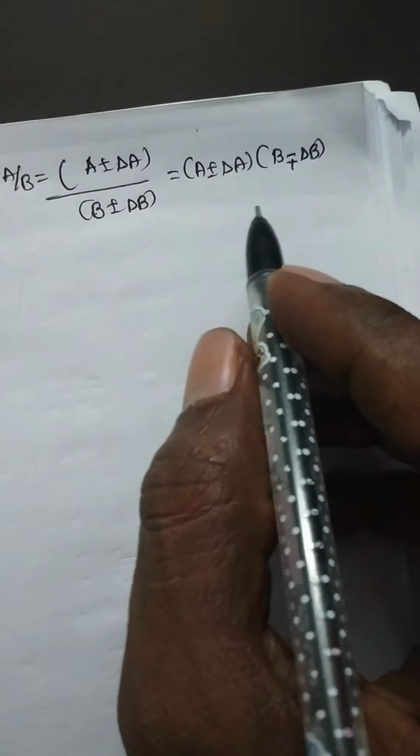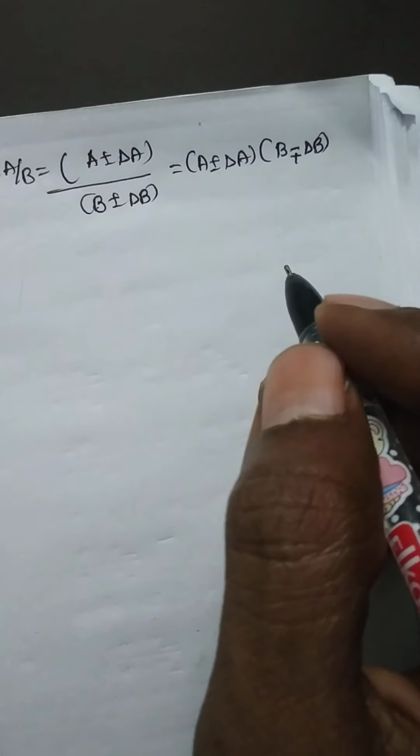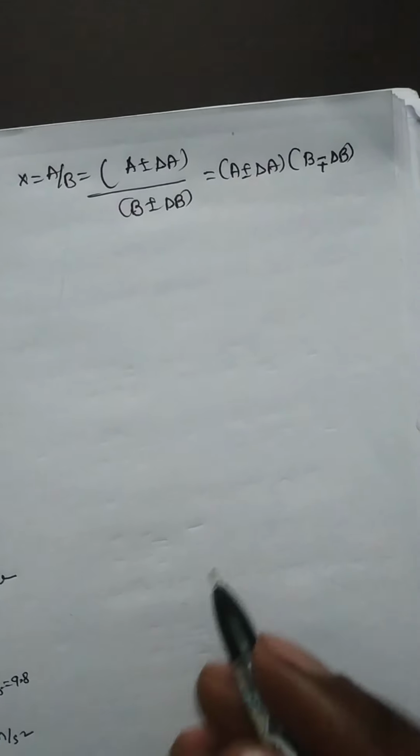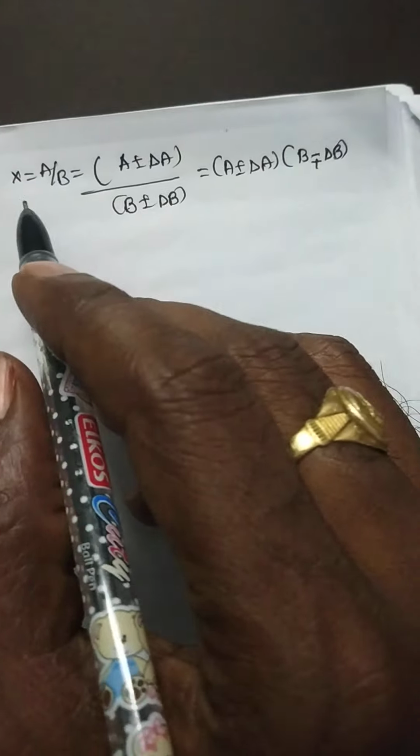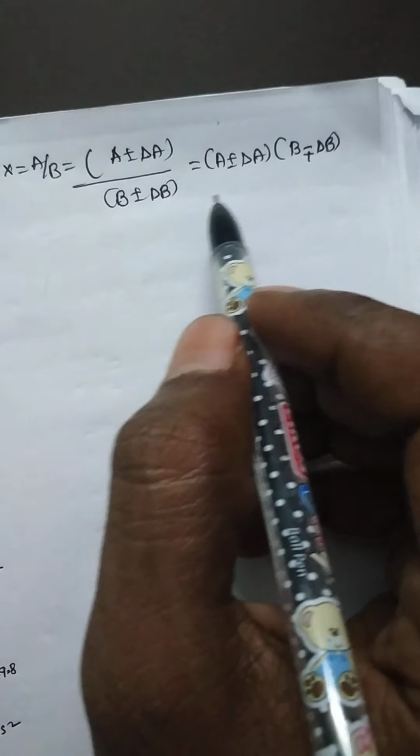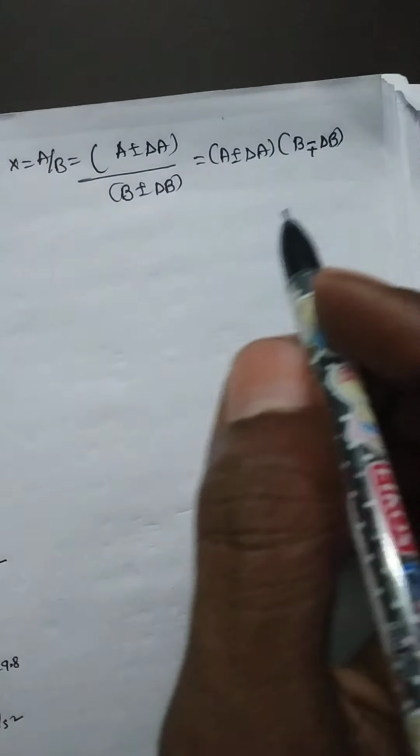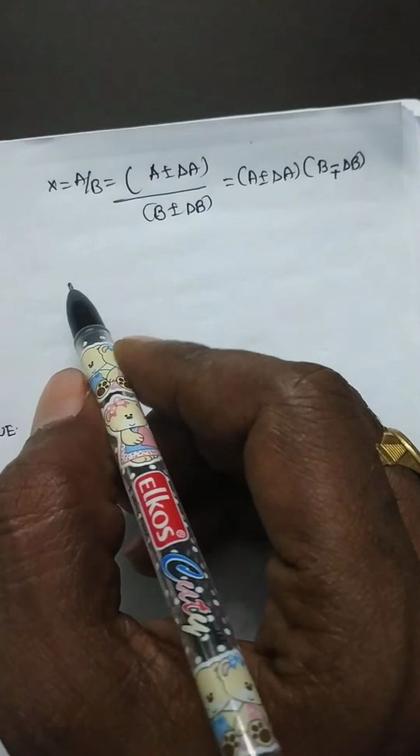Again it is the same as multiplication, so you will get the rule like that. That is the way of doing the error values. First calculate a by b, next calculate the error values. That is about the error.